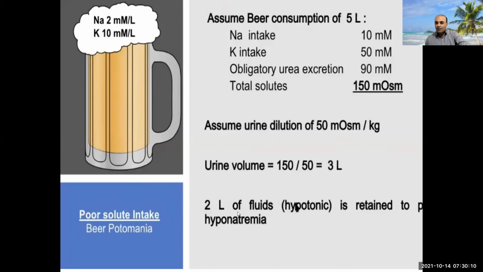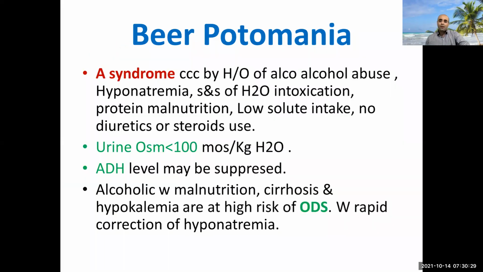This means your patient will retain 2 liters of fluid. Hypotonic fluid is retained, and this will lead to hyponatremia. This is poor salt intake and beer potomania. I hope this is clear now. It's easy to read again. Beer potomania syndrome.